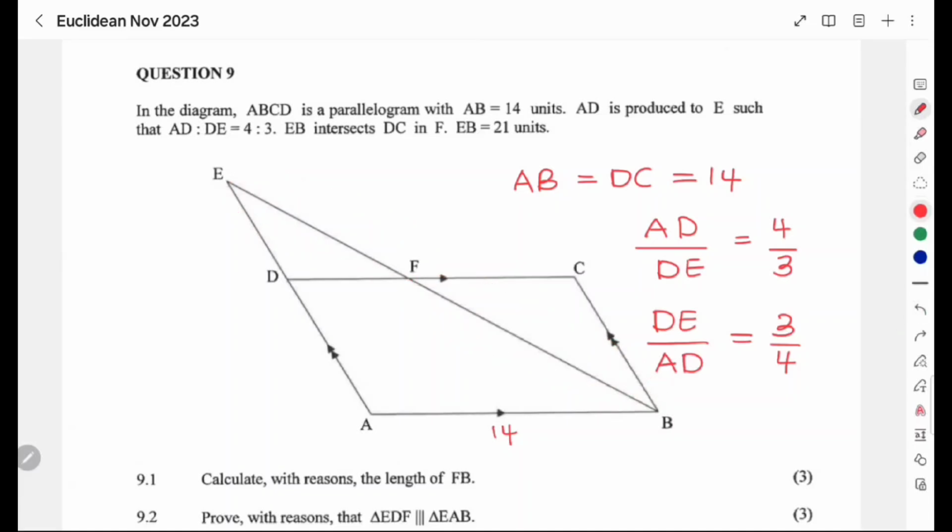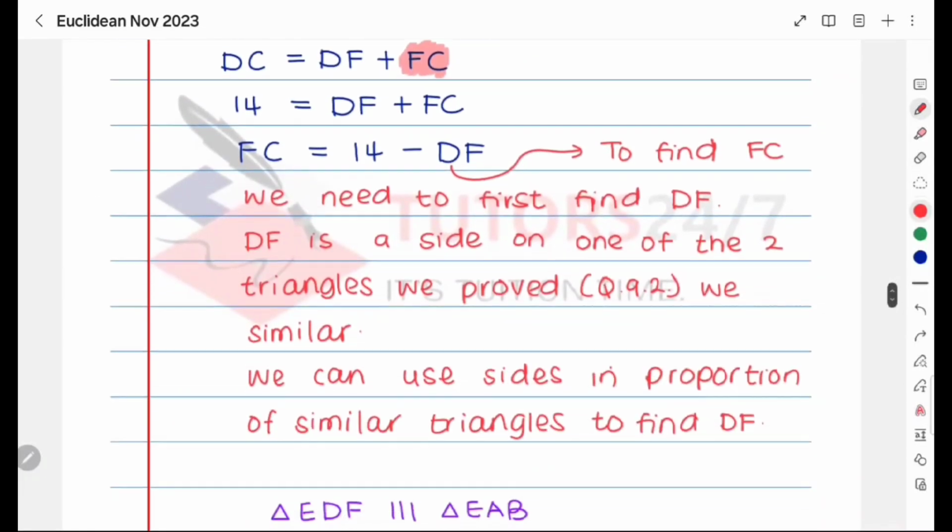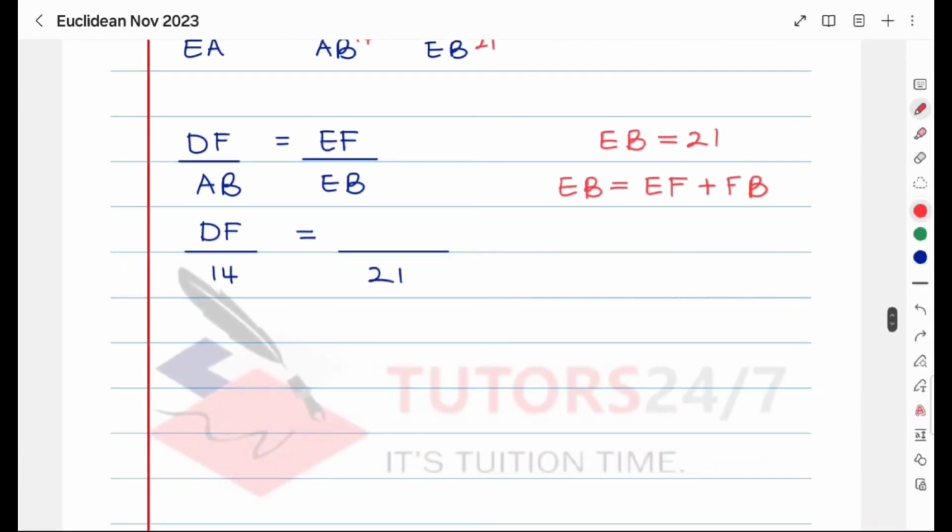So from here, we are just going to state EB is equal to EF plus FB, which was previously calculated as 12. So let us go and do that. So we're going to state 21 equals EF plus 12.